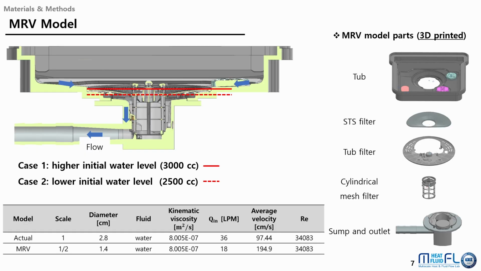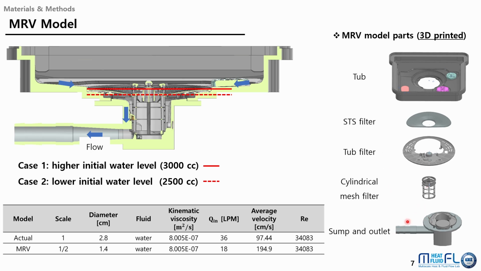The MRV experiment was carried out using a scaled model of the dishwasher sump. At the bottom of the dishwasher, there is a tub, and beneath it are 3 filters followed by the sump.